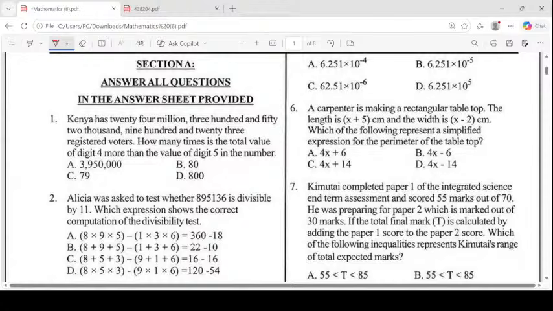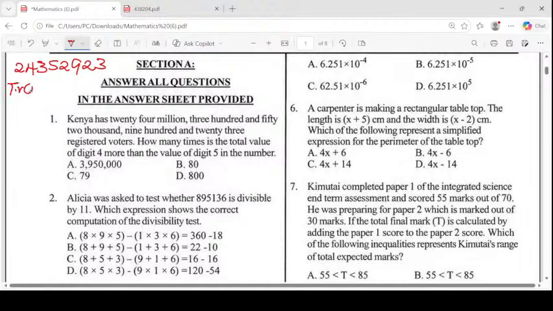So already you can see we have 24 million 352,923 registered voters. Let us get the total value of digit 4. This will be 4 times the place value.